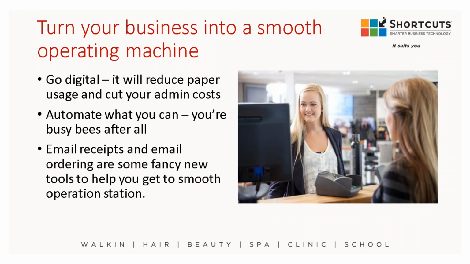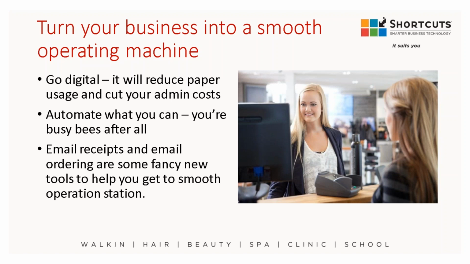So how to turn your business into a smooth operating machine. Going digital will reduce paper costs as well as admin costs, right? Because I don't have to send somebody to Staples and I don't have to buy all these receipt paper rolls and all of those things. Automate what you can, because you're super busy, and the more you can do without having to print receipts, and it can automatically go to the customer, this can make your front desk more efficient.